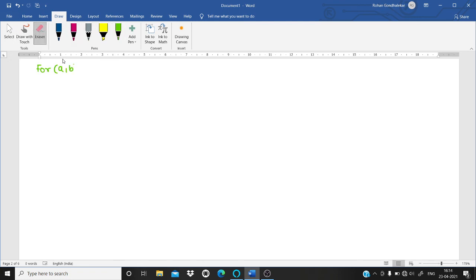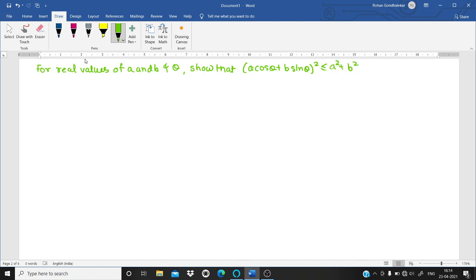For real values of a and b, and theta, show that (a cos theta plus b sin theta) whole square is less than or equal to a square plus b square, using the Cauchy-Schwarz inequality.